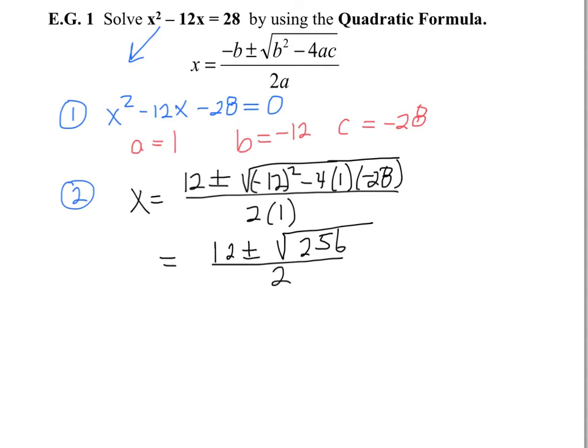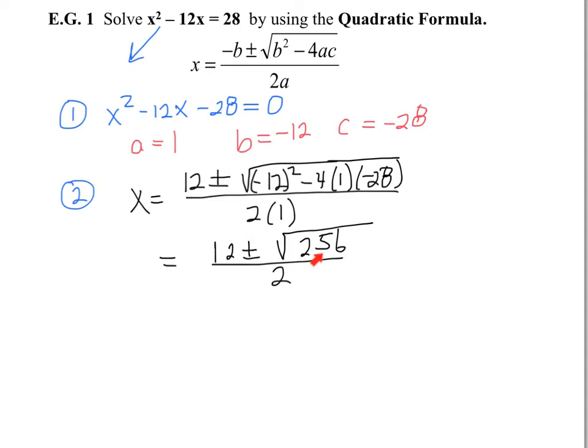So the very first thing that needs to get done when you simplify is under the radical. So you're going to do negative 12 squared, which is 144, becomes positive anytime you square a negative, minus 4 times 1 times negative 28 will actually add, because you'll have a negative times a negative. So that all comes out to 256. And then, of course, multiply your denominator 2 times 1.